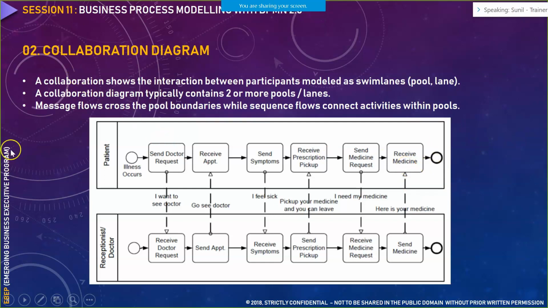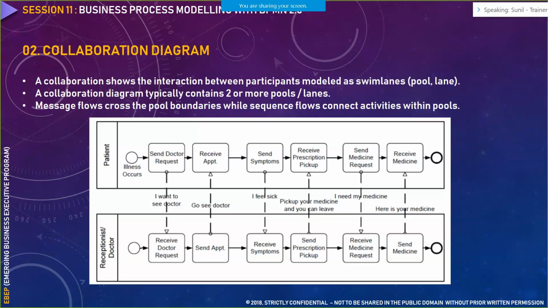It has to be the exact same number of steps. If you see, there are 6 steps over here. Here also there are 6 steps. There won't be any case wherein there are 5 steps here or there. The number of sent requests and the number of received requests would always be the same when it comes to a collaboration diagram.